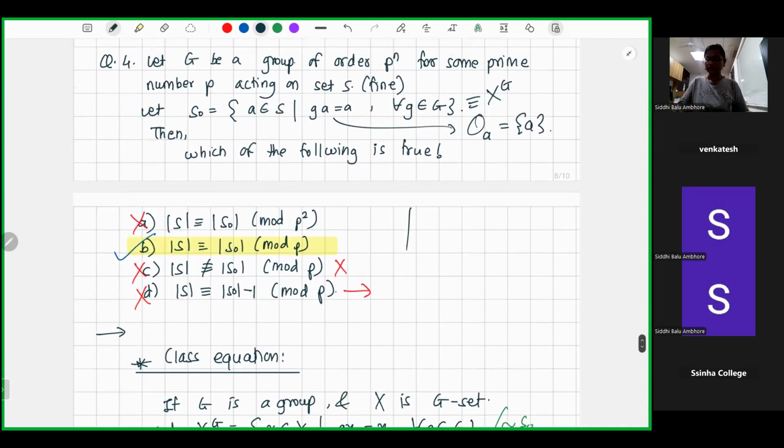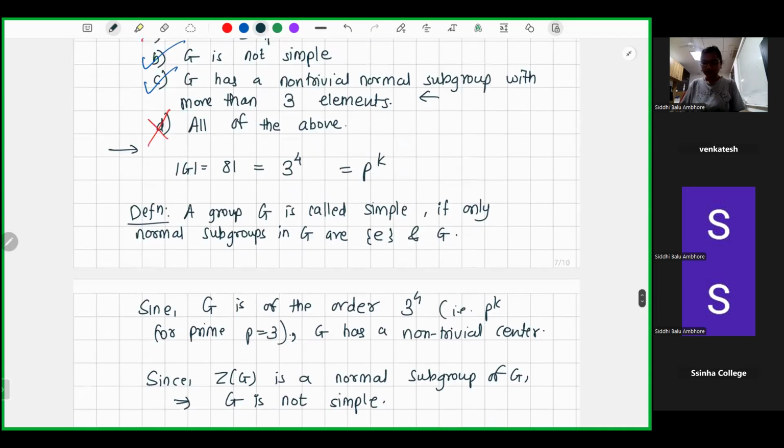This, in fact, is a direct application of the class equation. So this was the question where we can directly apply the class equation.